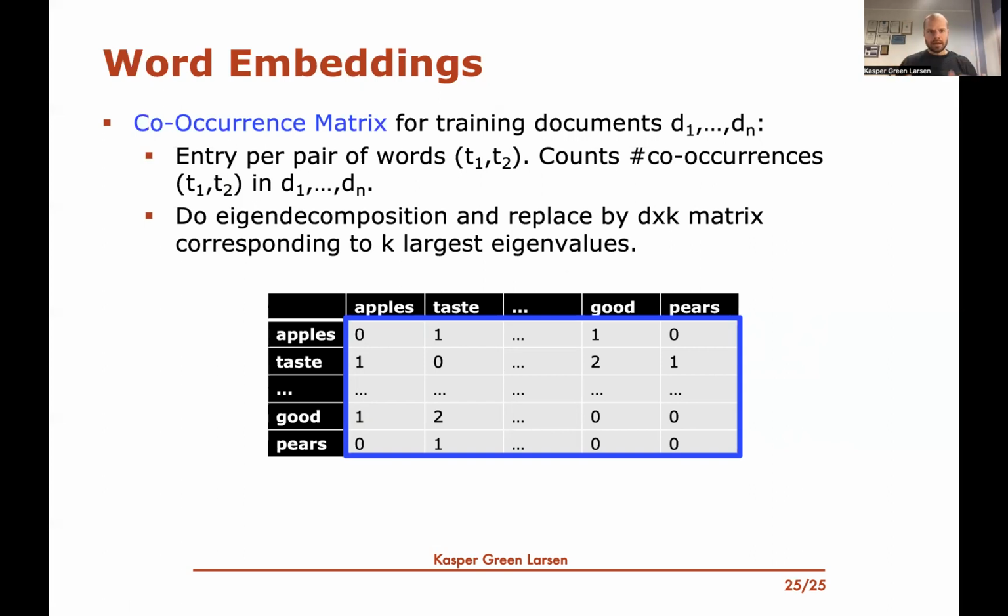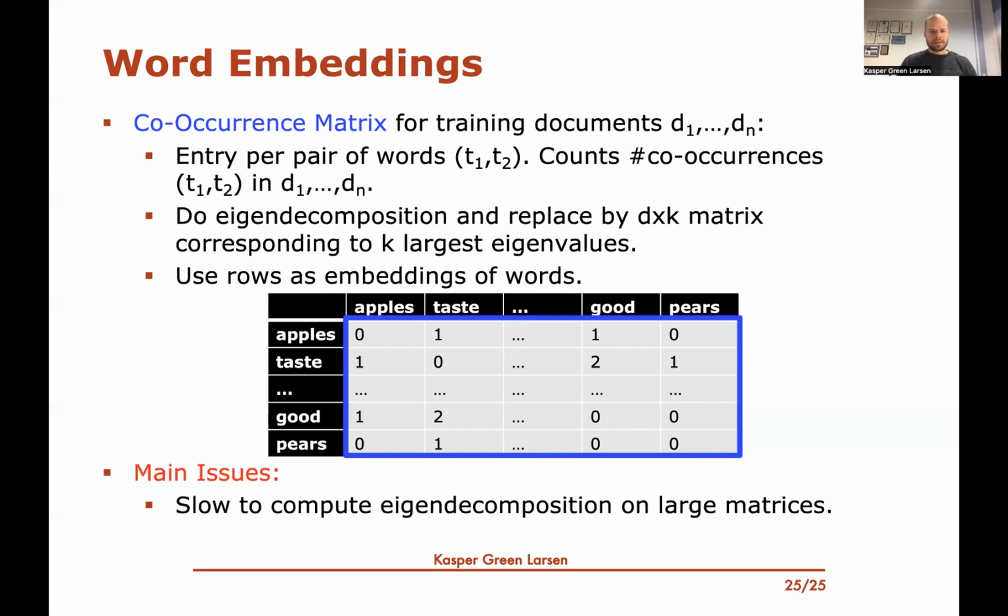The original D by D matrix, if you have D different words in the dictionary, is replaced by a D by k matrix, using the largest eigenvalues of the matrix. We can use these as representations of words. And recall, if I want to represent a whole document, I sum up the vector representations of all the words that occur in the document. So these rows are my embeddings of my words.